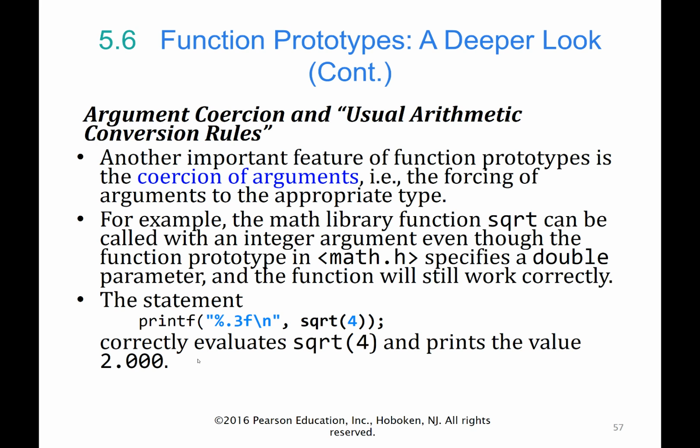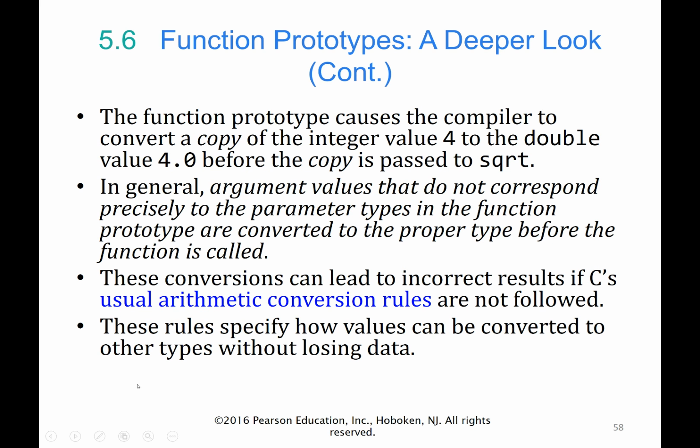So 4, in this particular case, is an integer because it doesn't have a decimal point, and I tell it that I want to printf %.3f, that I want to print it as a floating point number with 3 decimal points. So the square root of 4 is 2, but it's going to print it as 2.000 as a floating point.